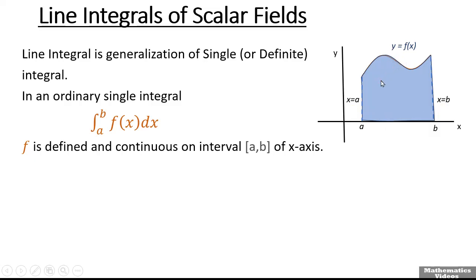These four things are bounding this region, and the area of this region is basically the definite integral of the function f with respect to x from a to b. So this was the geometrical interpretation of the definite integral of f from a to b. So hopefully you have recalled it clearly.